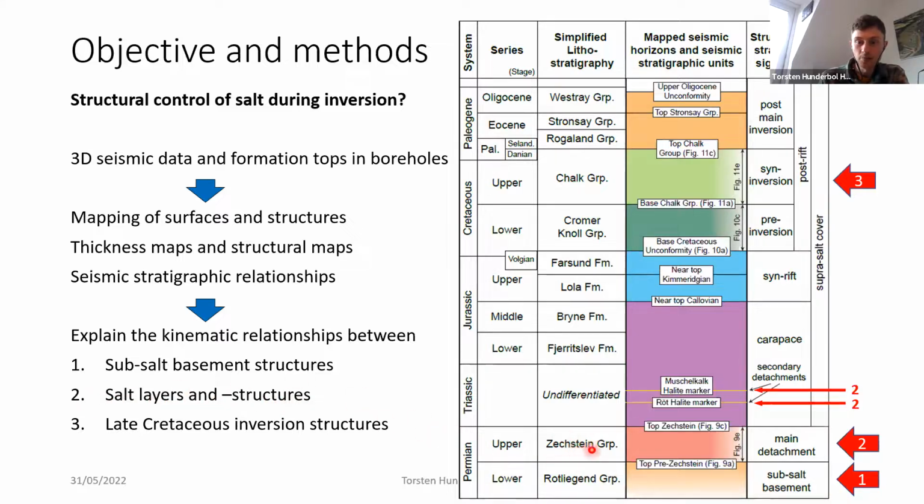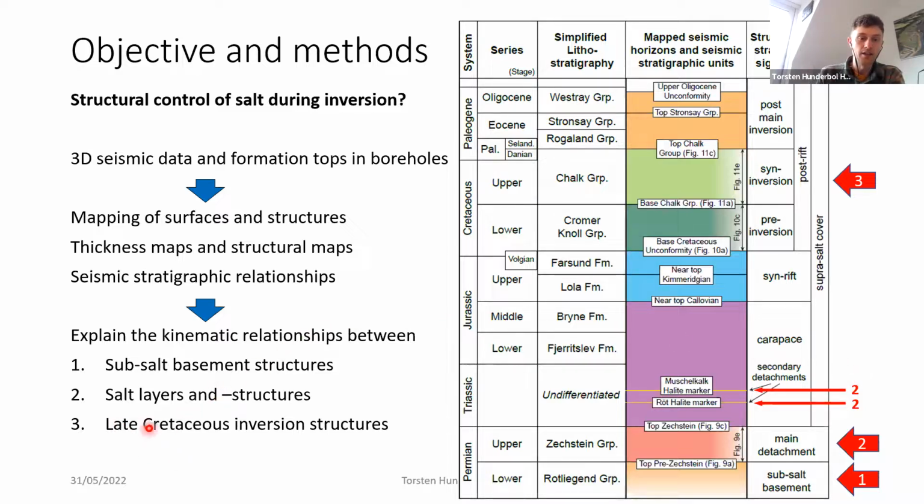That's mainly the upper Permian Zechstein salt, which is basically all halite when you find it in this study area. Also, we have these secondary thin evaporite units in the Triassic, the Röt halite and the Muschelkalk halite, which are more or less only one or two wavelengths on the seismic data. But as you will see, they have something to say as well.